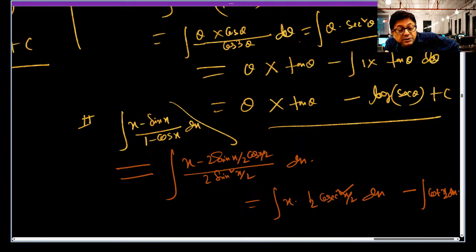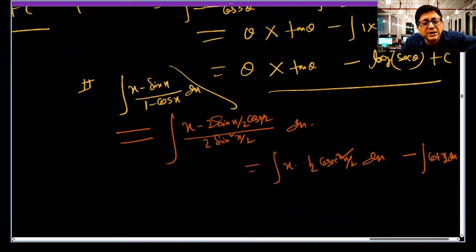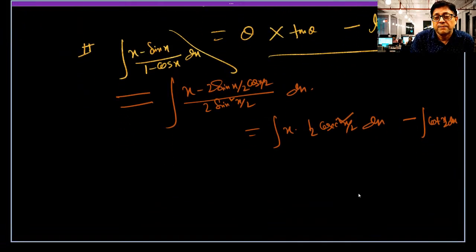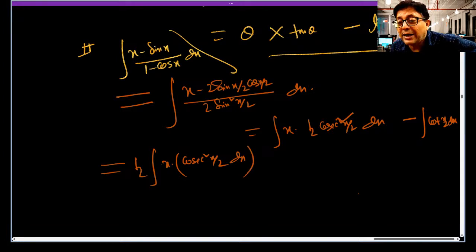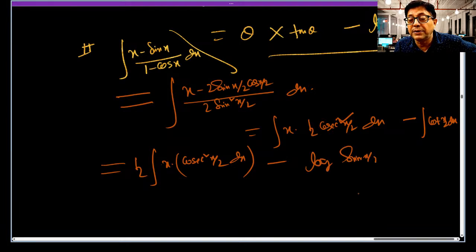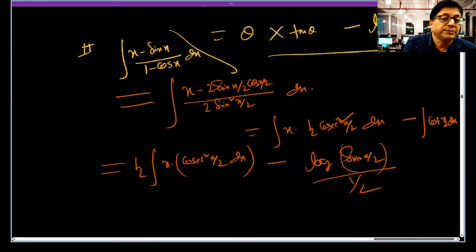You just separate, sine gets cancelled, cos by sine is cot x by 2. So it's an ordinary sum, not a difficult one. So what we will do here, you take half common, cosec square x by 2 dx minus cot x by 2, how will you write? Log of sine of x by 2 divided by 1 by 2. Okay?